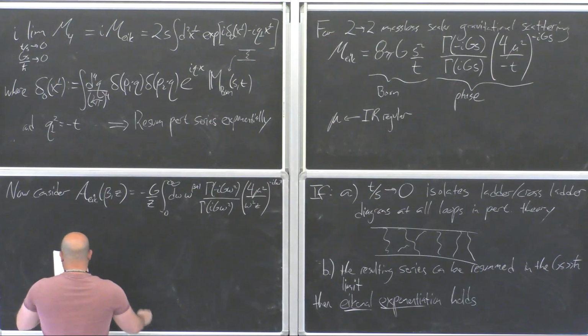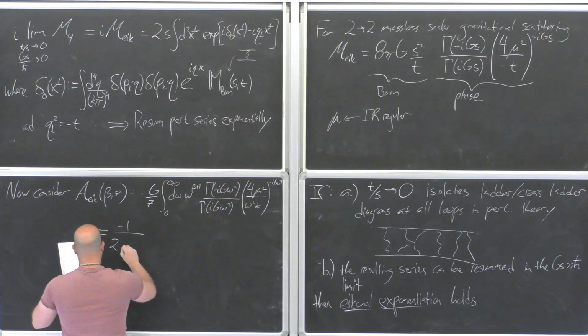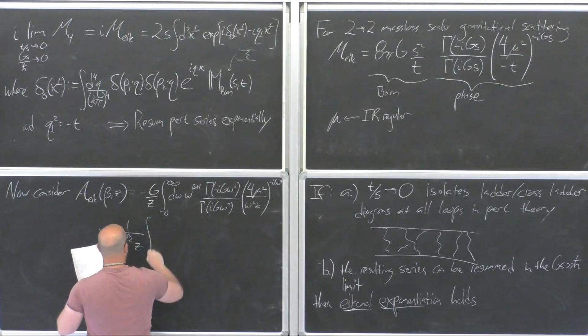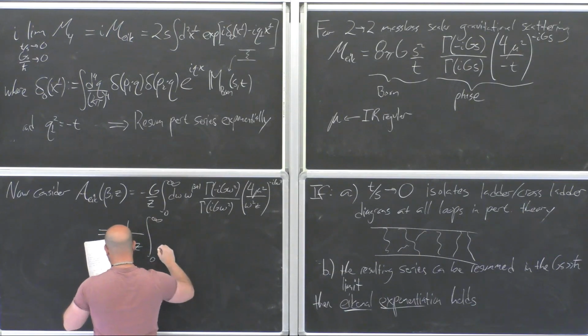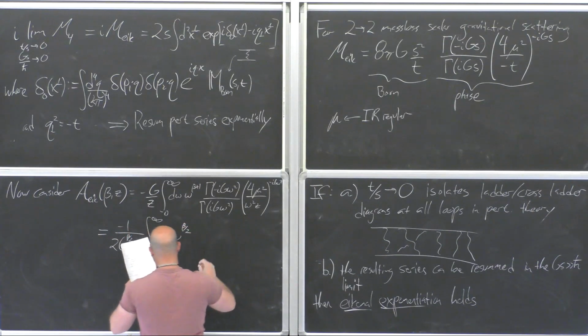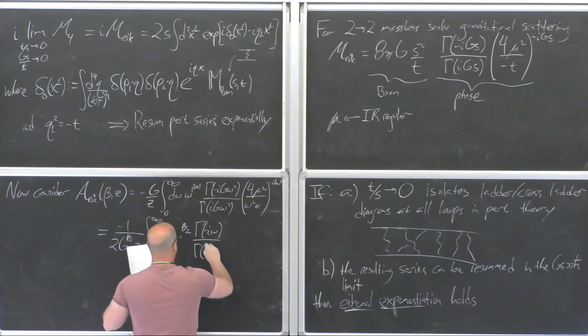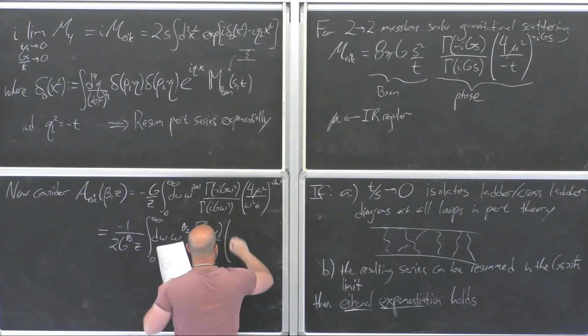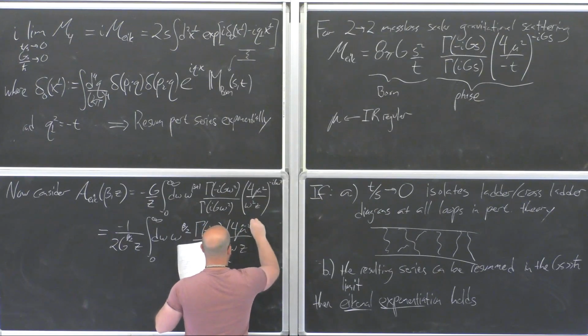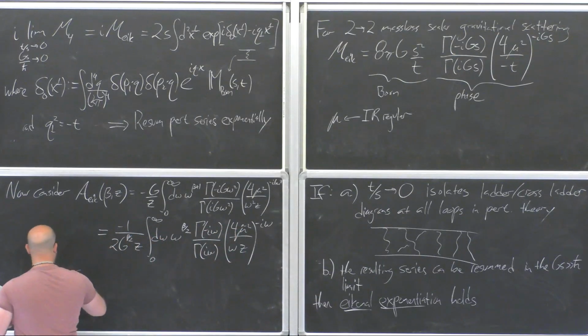So this is just equal to minus 1 over 2 g to the beta over 2 z integral 0 to infinity d omega omega to the beta over 2 gamma minus i omega gamma i omega for mu twiddle squared for omega z minus i omega 4.